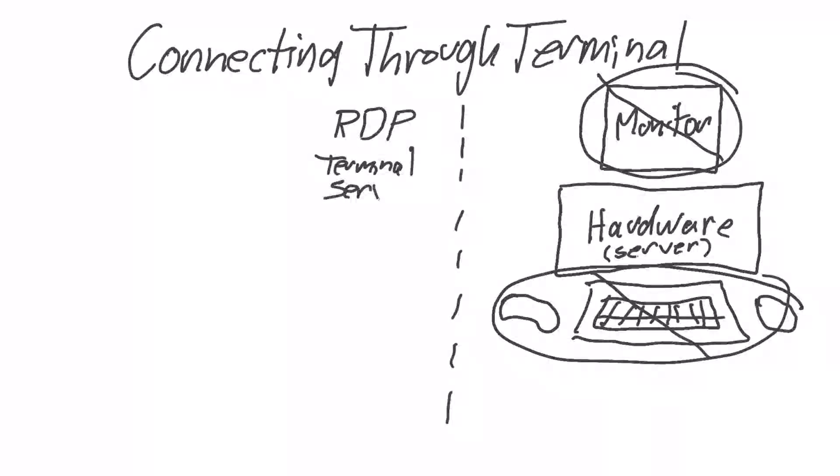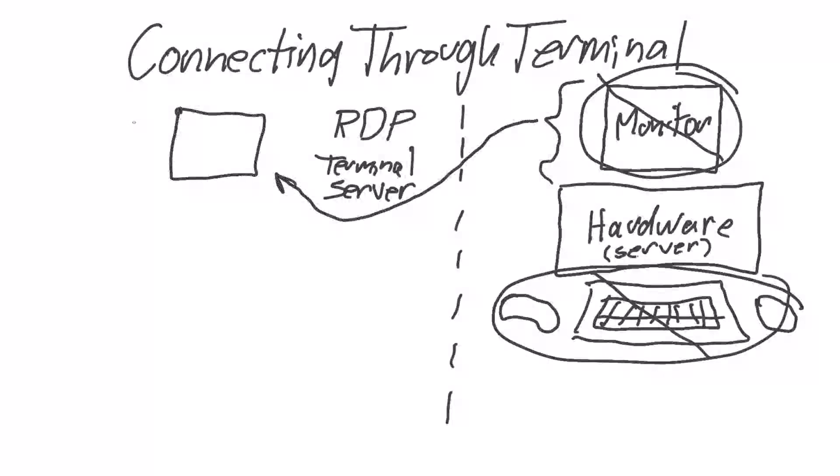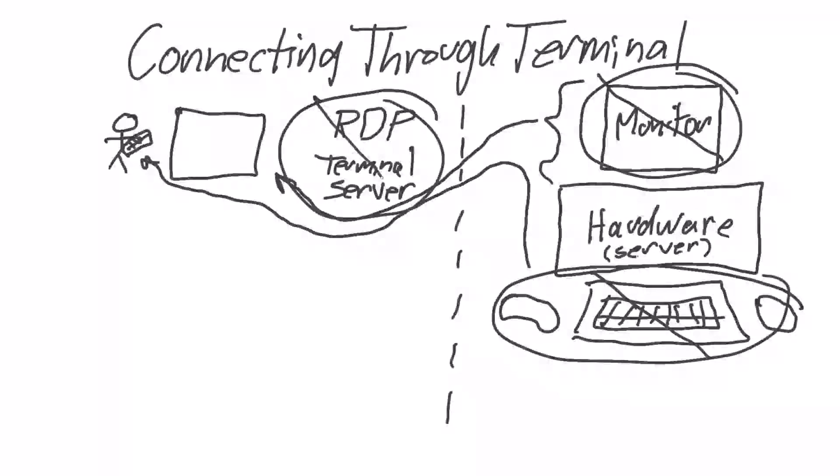Now the thing about those technologies is all they really did is they took an image of what's on your monitor here and they just shuttled it off remotely so that you as a user could interact with the computer as if you were sitting right there in front of it. In fact, it even made the keyboard available to you. So from a very remote distance, you can completely control the computer.